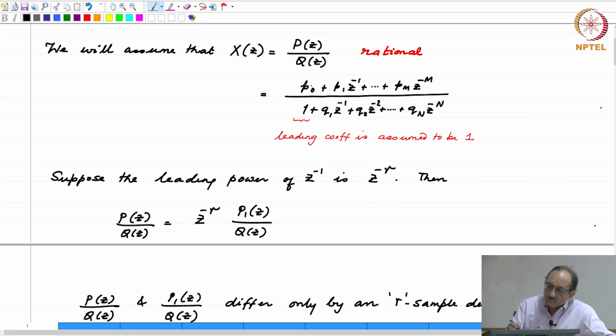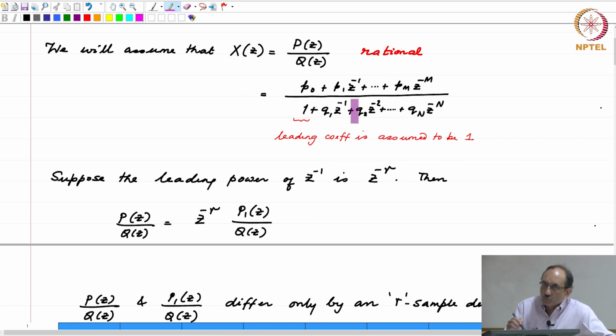In this form, if you give it as a vector to MATLAB, it will assume the polynomial to be precisely of this form. The first coefficient will be P0, the second coefficient will be P1, which will correspond to z to the minus 1, and so on. Similarly for the denominator.